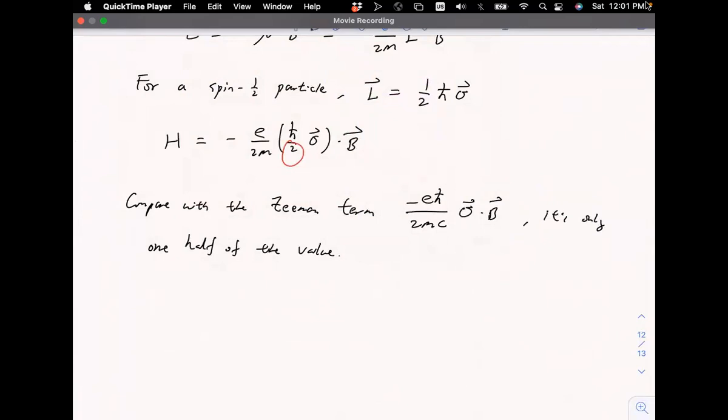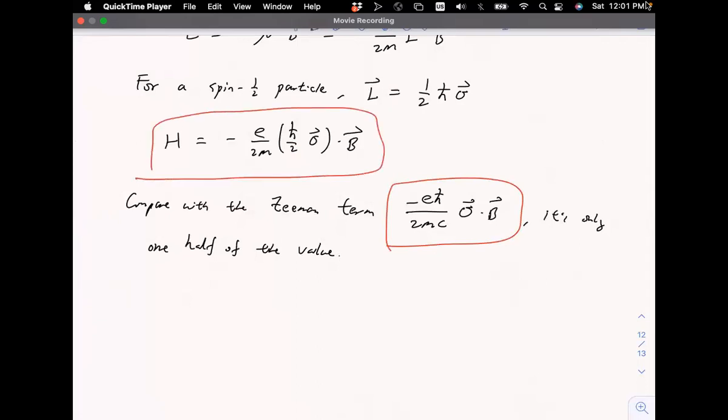So that means this Hamiltonian is wrong, and the correct Hamiltonian is this one. But using the classical consideration, you miss a factor of 2. The one from the Dirac equation is the correct one, and experimentally it is also correct.